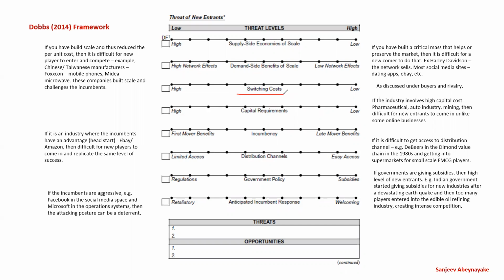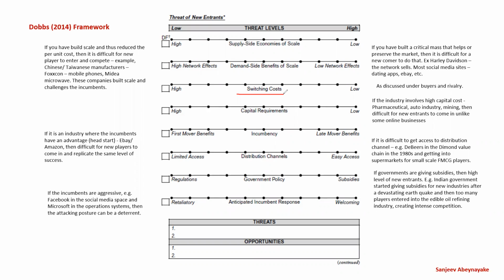For example, let's say that you are a new ERP service provider, you provide new ERP solutions, enterprise resource planning solutions. And if you're going to approach larger players who are with, let's say, JD Edwards or SAP, then the switching cost for them to shift from the existing player to you is going to be a massive cost.